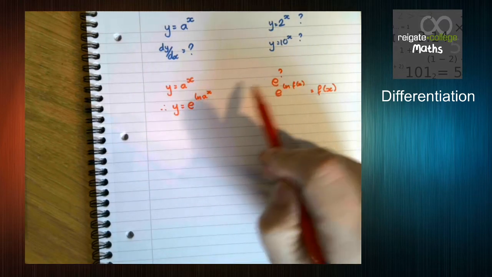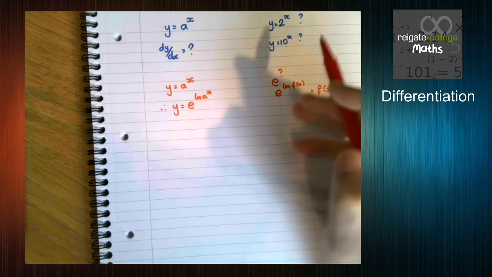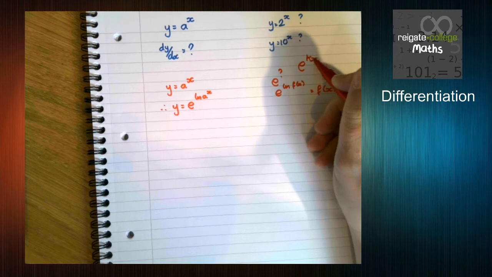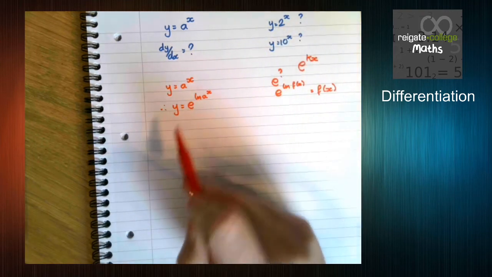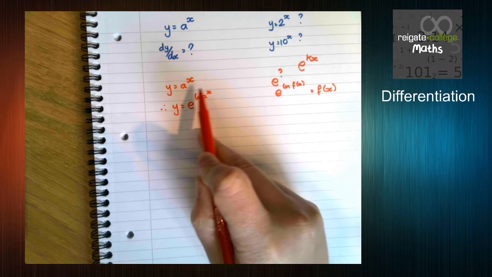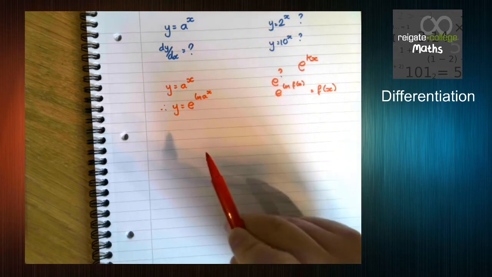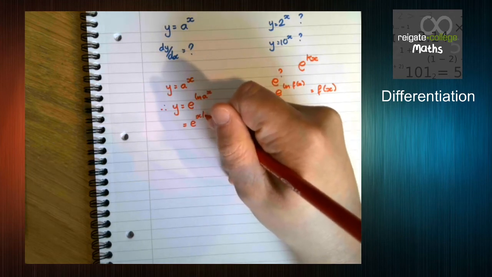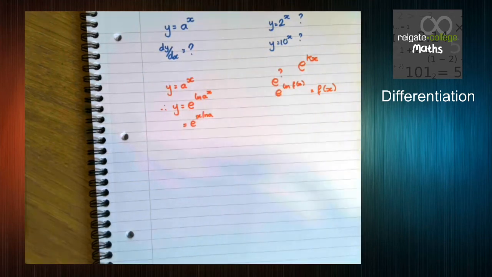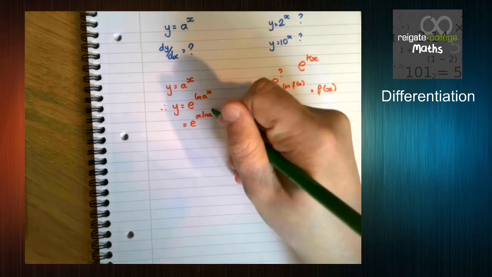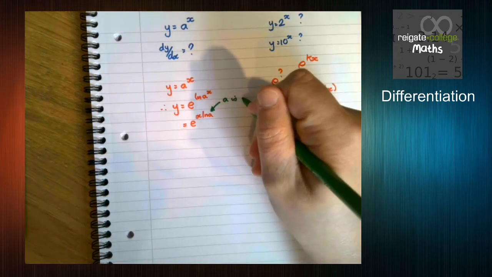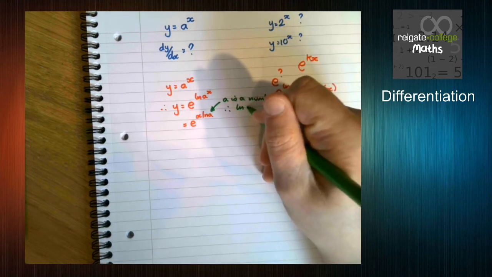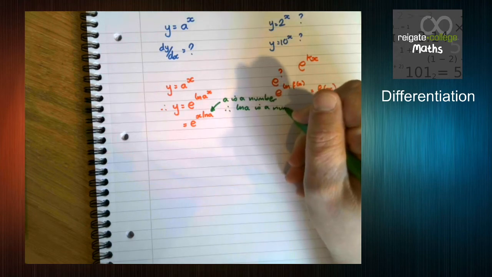Now, don't forget, we know how to differentiate things of the form e to the power of some number times x. That's not what we've got here. So we need to rearrange this power to make it look like that. And we do that by using our laws of logs. Remember, a is a number, which means ln a is a number.